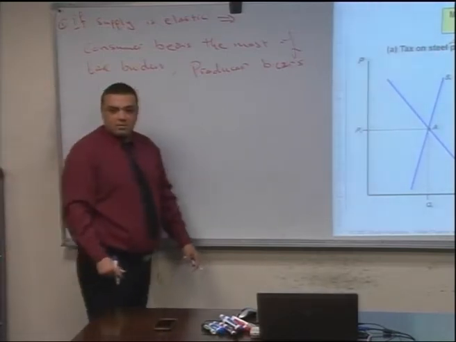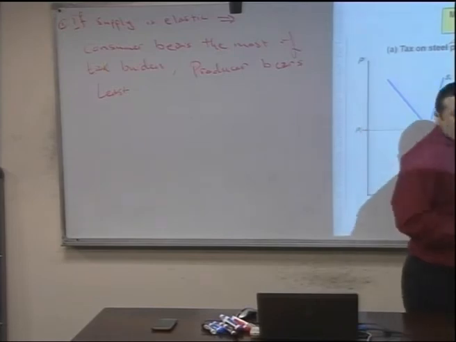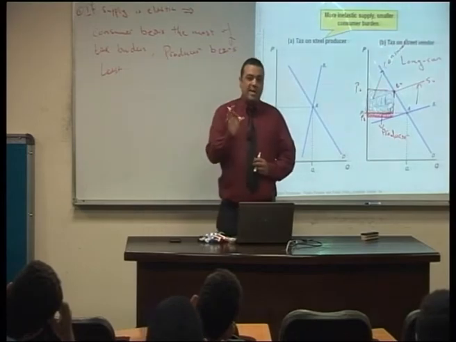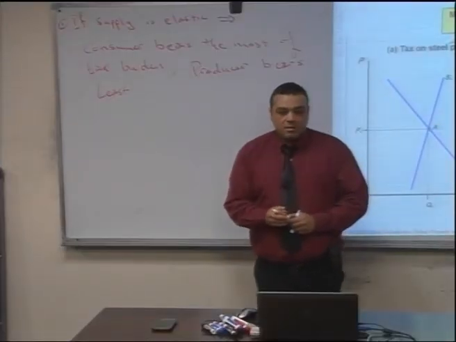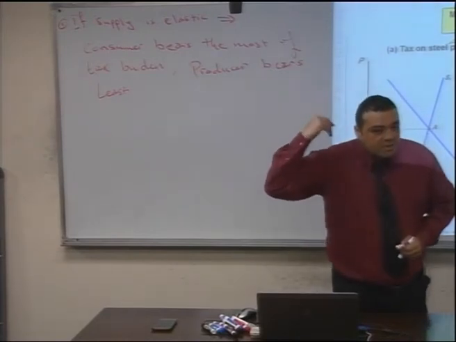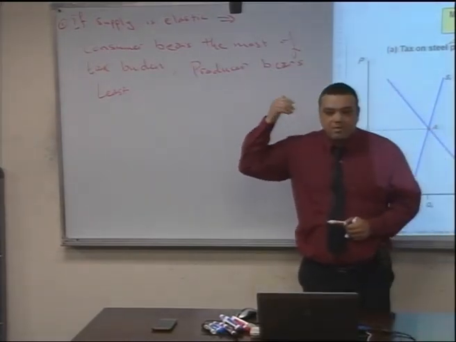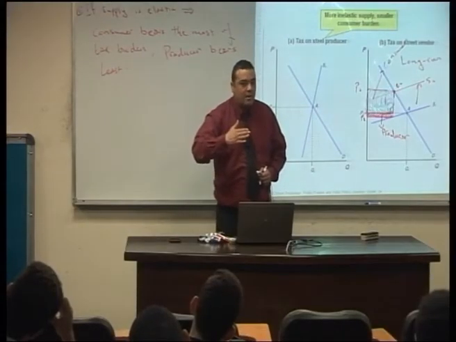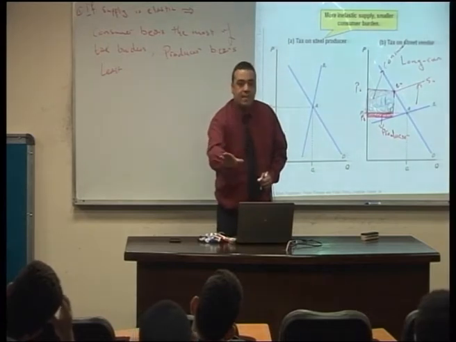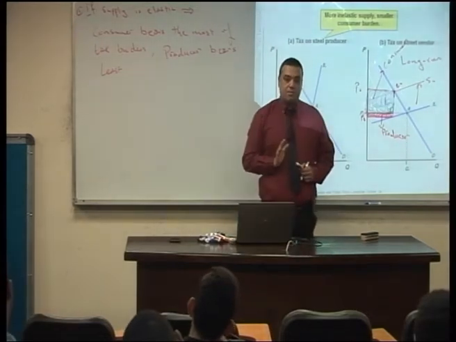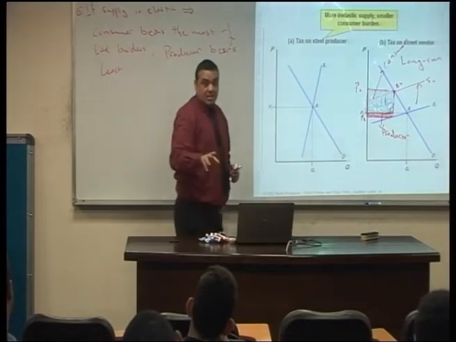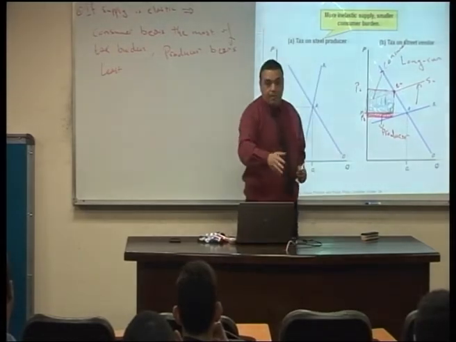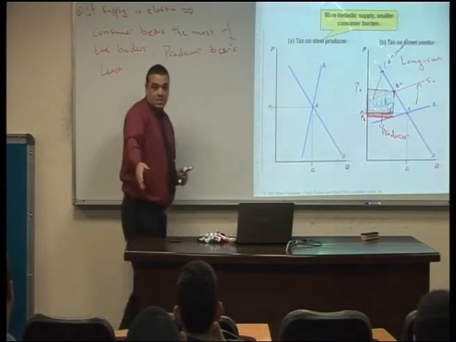For demand, if you remember, who bears the most and who bears the least of the tax burden? When we talked about the tax incidence, we raised something related to elasticity of demand. When demand was inelastic, the consumer pays the most of the tax burden, like the demand for flour, demand for medical drugs.